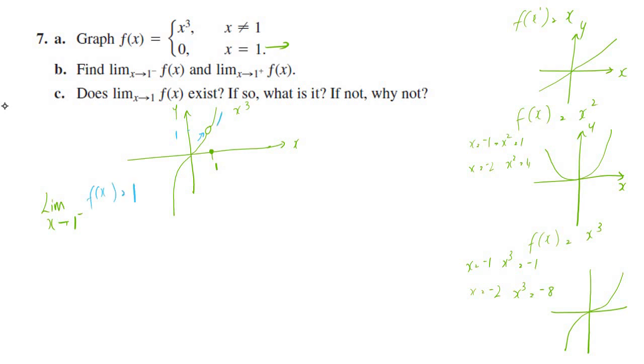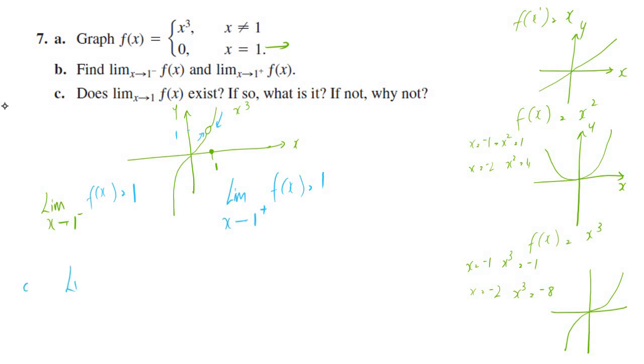The limit as x tends to 1 from the negative side of f(x) is equal to 1. And the limit as x tends to 1 from the positive side of f(x) is also equal to 1. Does the limit exist? Yes, the limit exists.